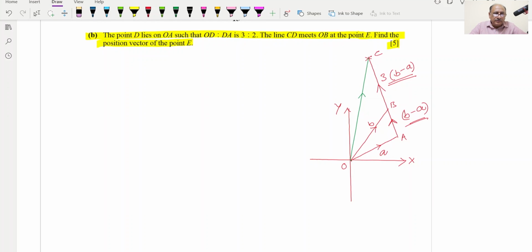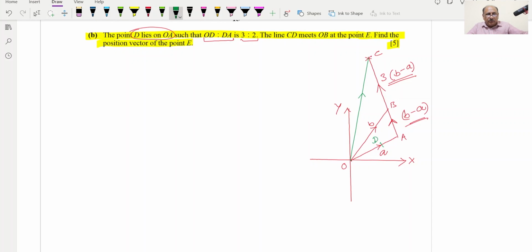Now they have given us this detail about D also: OD to DA is 3:2. The point D lies on OA, and we have to locate the D point. D is on OA such that OD:DA is 3:2, so D will be over here. I will write D over here. This is D. I'll rewrite this one.